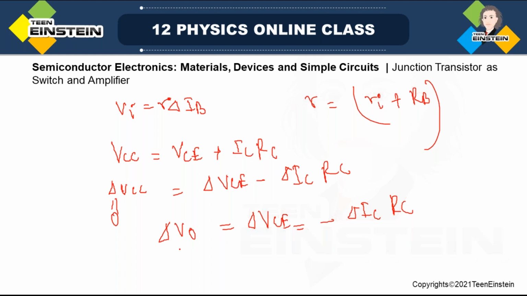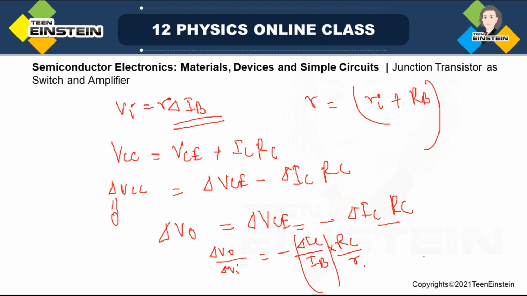This change is actually due to the AC signal. So let me write delta V output by delta V input. If I take the ratio of these two things, for the output you have delta IC by delta IB, and into RC by small r.